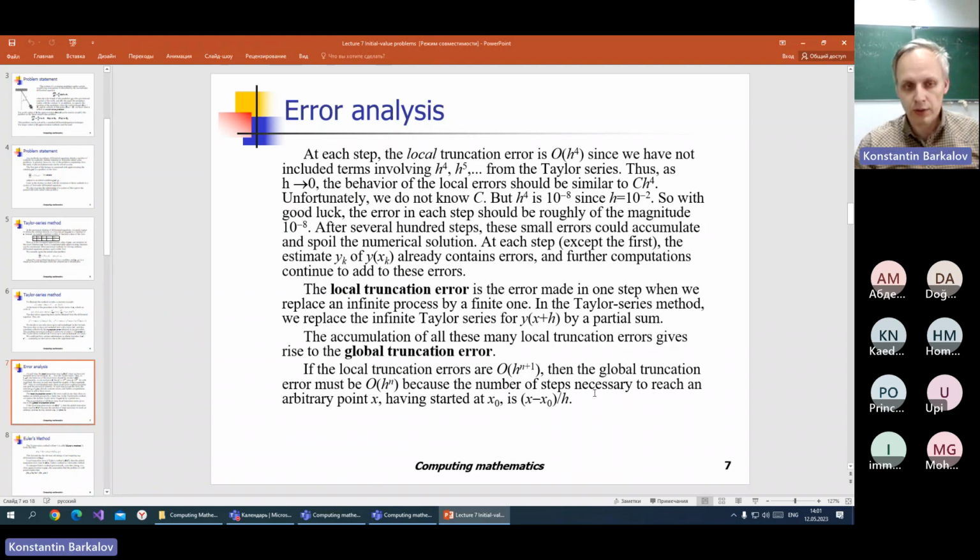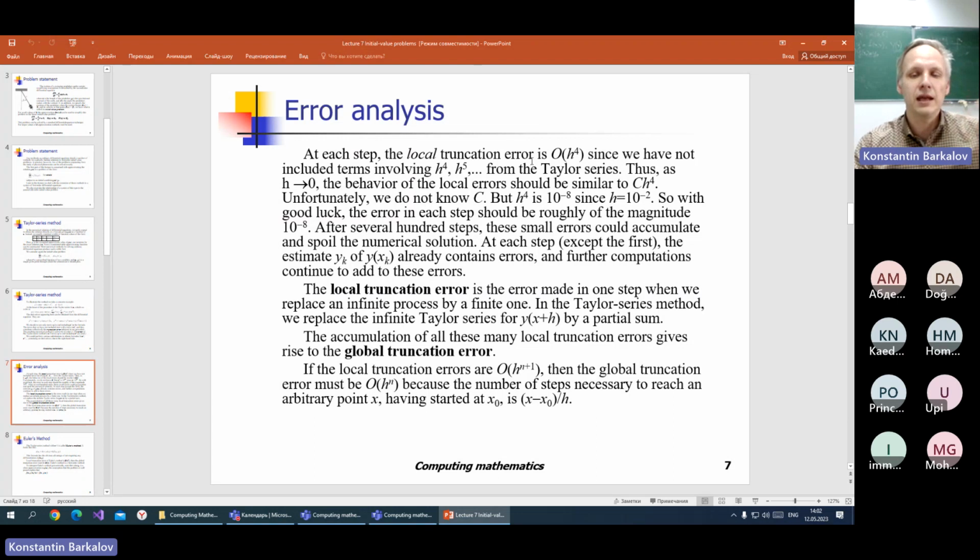And there is a rule that if the local truncation errors are of order h power n plus 1, then the global truncation error must be of order h power n, because the number of steps necessary to reach an arbitrary point x is approximately x minus x0 over h.